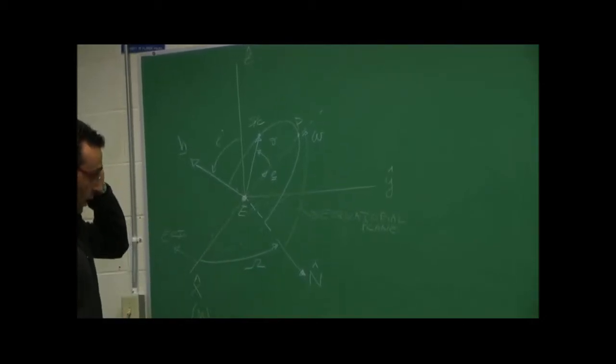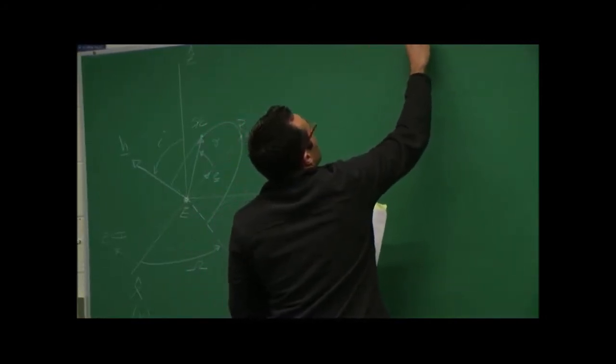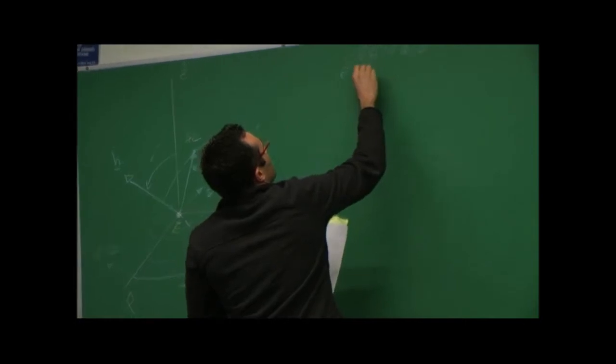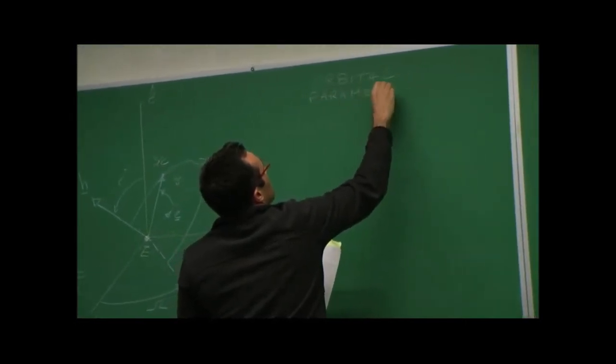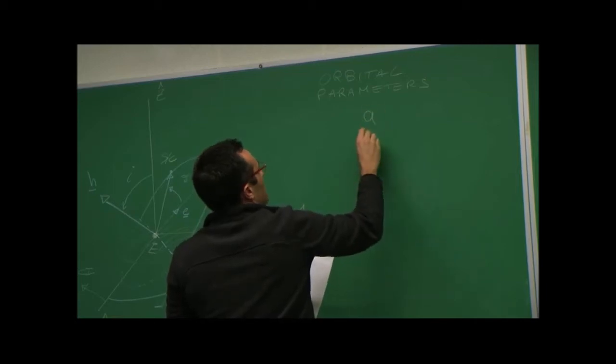And so we said a possible combination of orbital parameters that people use all the time is semi-major axis, size of the orbit, eccentricity, shape of the orbit.